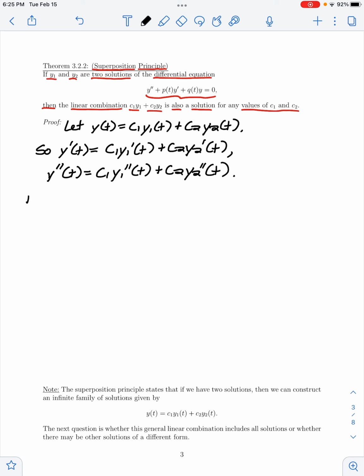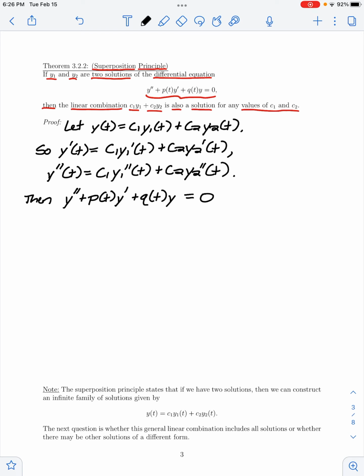So let's take these expressions and substitute into our differential equation. That is y double prime plus p of t times y prime plus q of t times y is equal to 0.